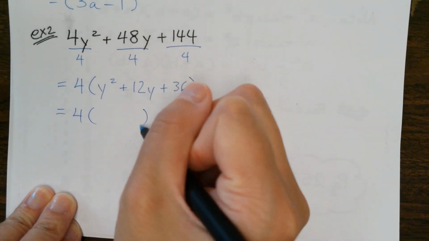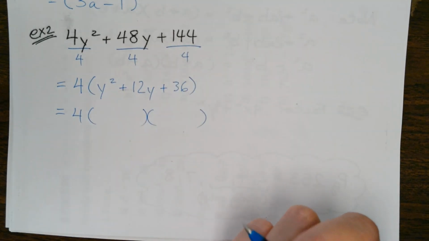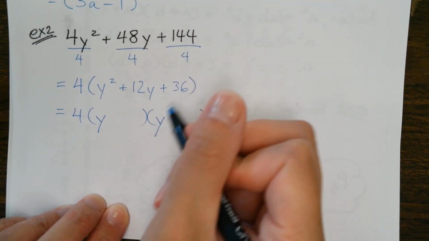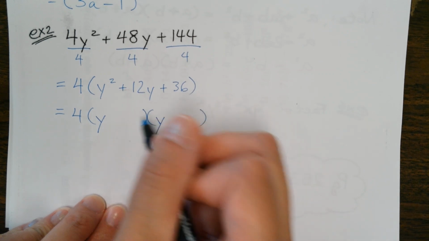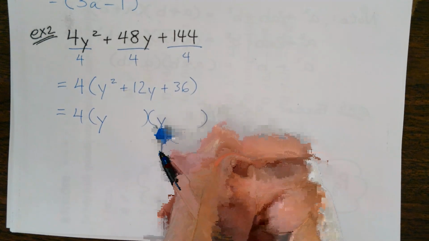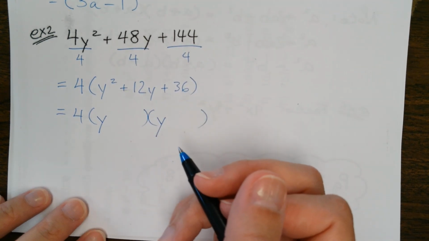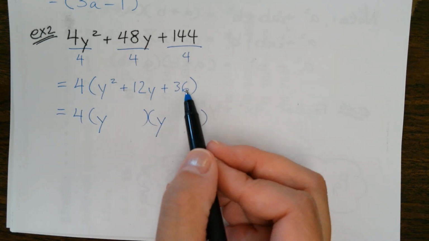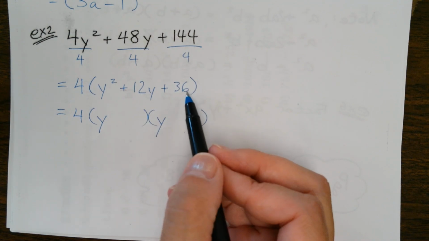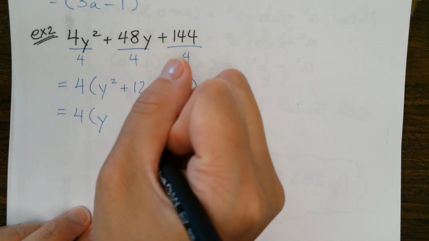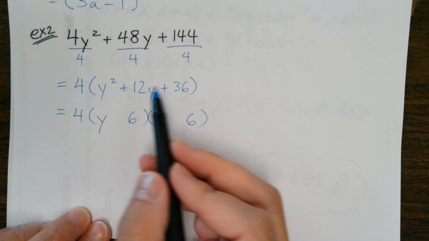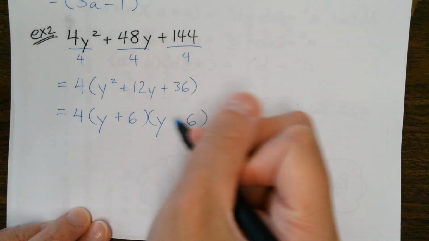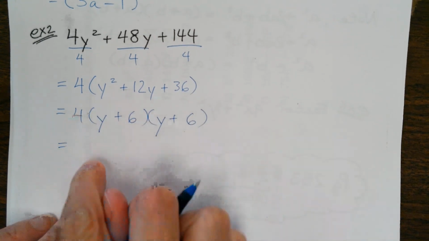So what do you think my 2 brackets are going to be? The y is going to be split into y and y. So what do I split the 36 into? 6 and 6. All right. Since all of my signs are positive, what do you think the signs are going to be? Positive. So how do I write my final answer?